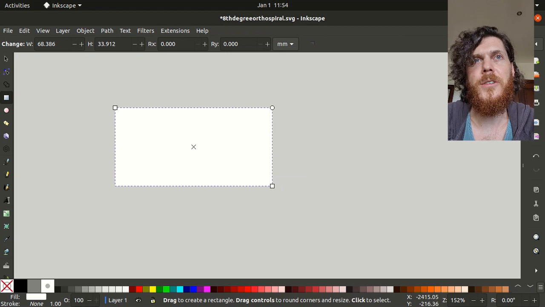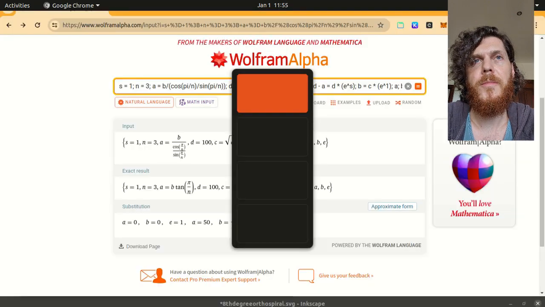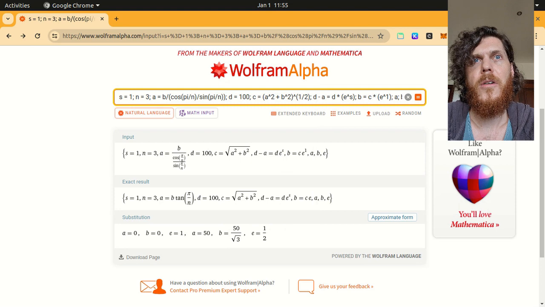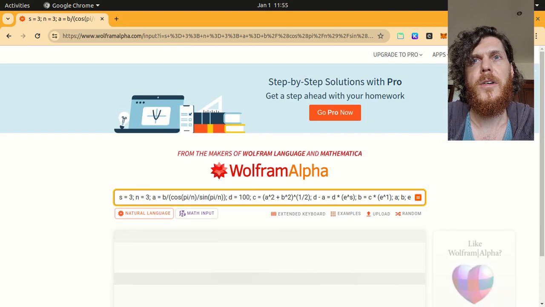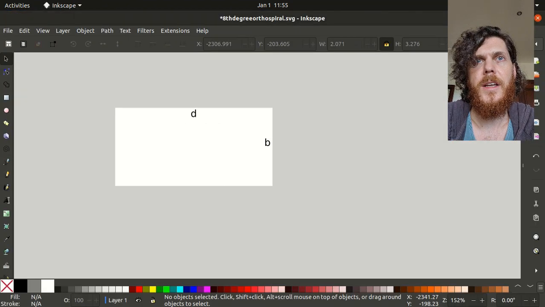All right, so now we're going to do another version, but instead of setting S to 1, so we have to do those 6 repetitions before we close the gap, we're going to set it to 3, so then we only have to do 2 repetitions. So let's see how this goes. B is a little more complicated here than the original one.